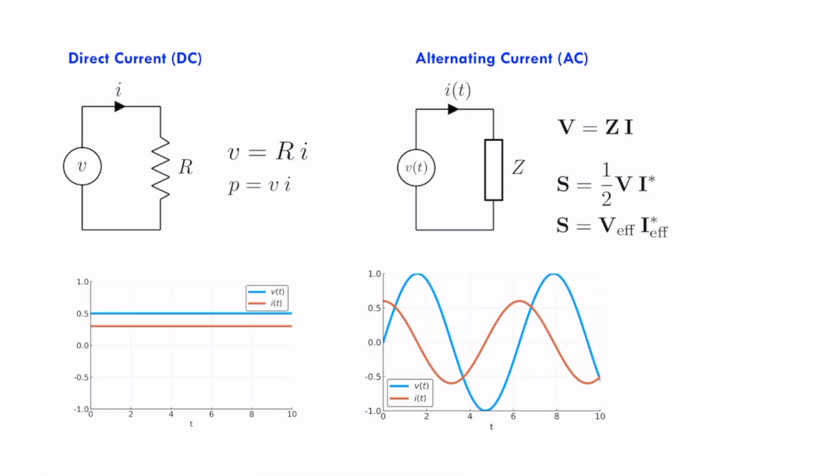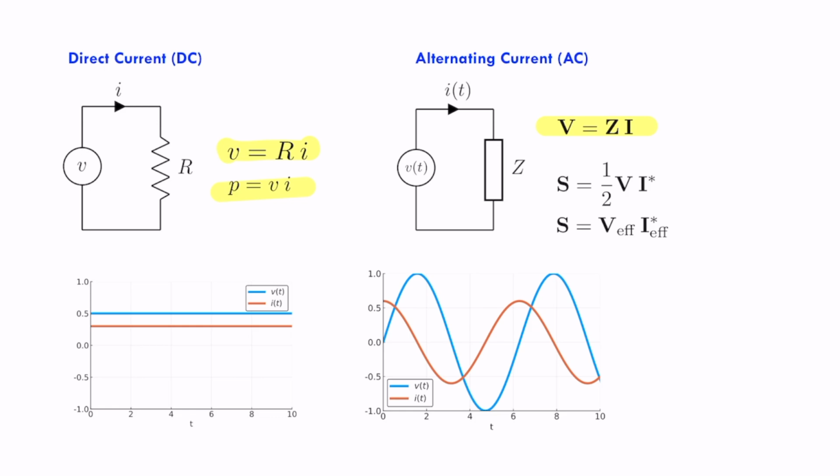So let me summarize what we have in DC and what we are now using for AC. Remember, this is Ohm's law. We have something very similar in AC, where the voltage is a linear function of the current. In DC, in continuous, the power is voltage times current.